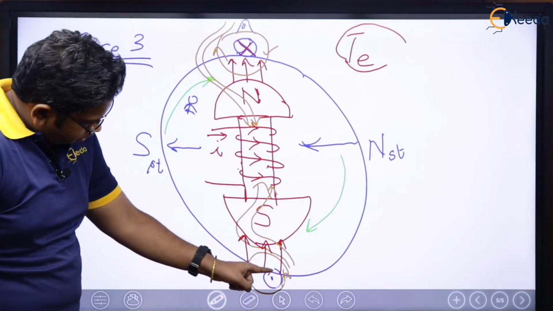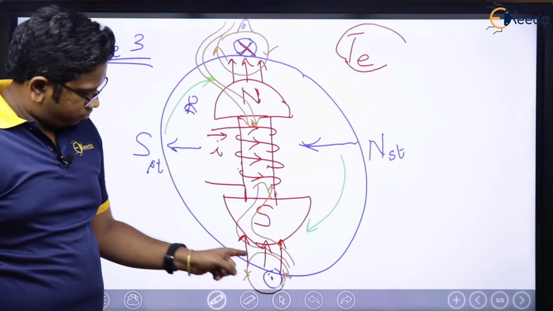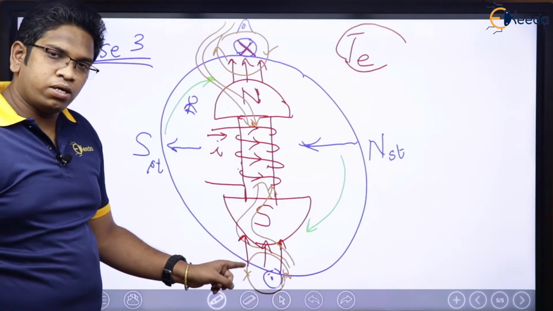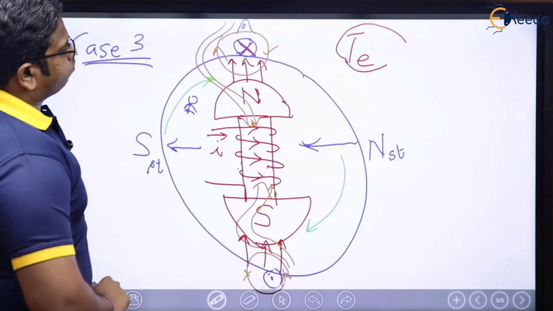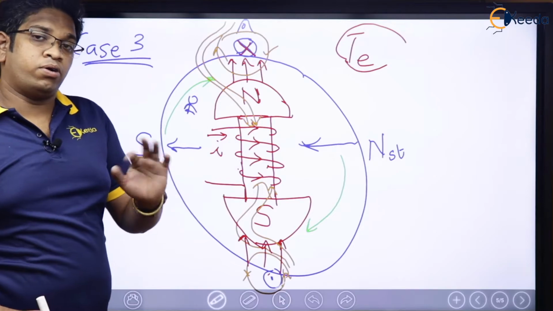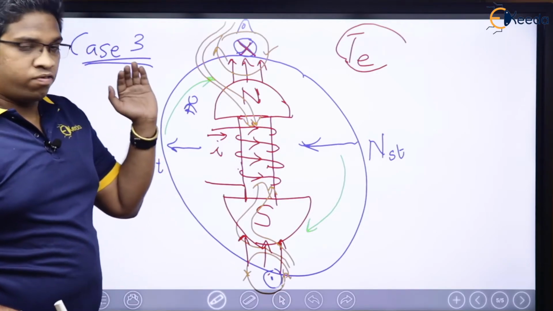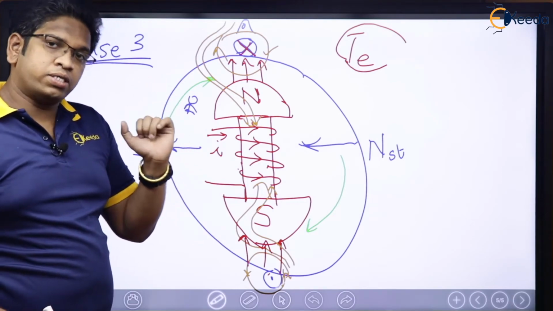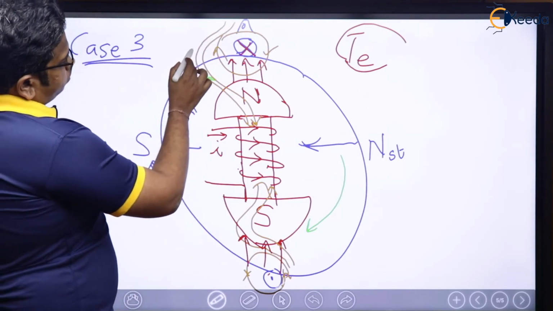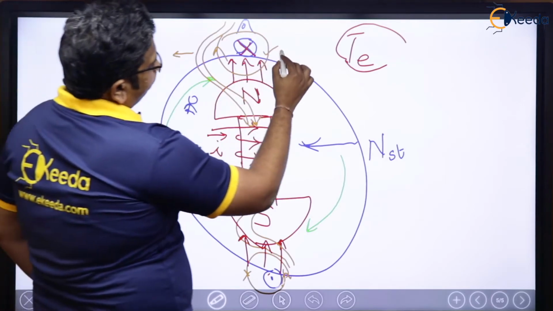Right, because here flux lines are aiding, and here flux lines are opposing. Aiding, that is the reason it is going to stretch this way. Now from the stretched rubber band point of view, we already know that force will be in the opposite direction to the direction of the stretching. It is stretched in this direction, which means force is going to be in this direction.